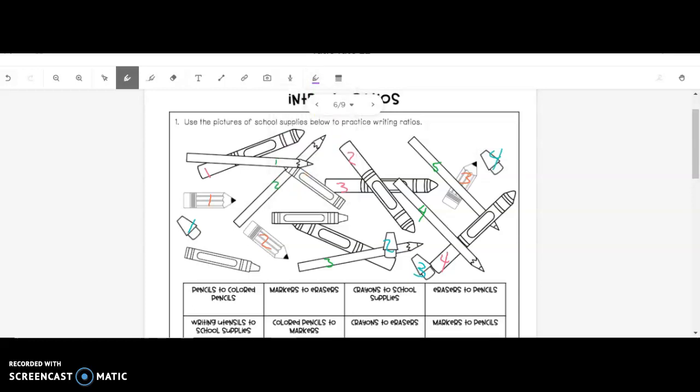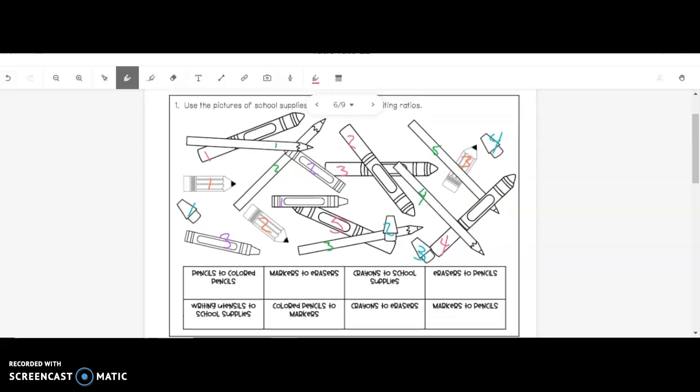And let's see, crayons I think I have left. 1, 2, 3 crayons. And it looks like I forgot a marker down here, so I'm going to go back and get that marker. 1, 2, 3, 4, 5. Got a marker there. All right, we are all ready to write some ratios.